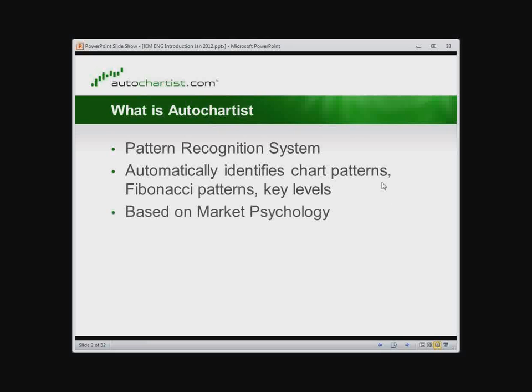These patterns are all patterns that form or that have some relationship to support and resistance levels. Support and resistance are imaginary levels that form as a result of market psychology.